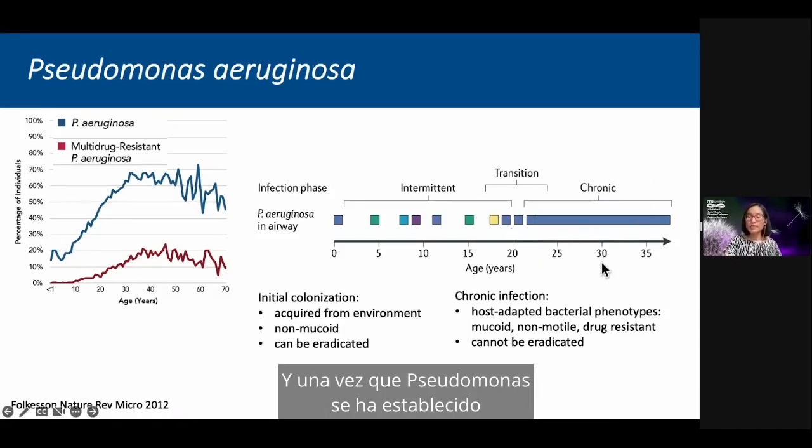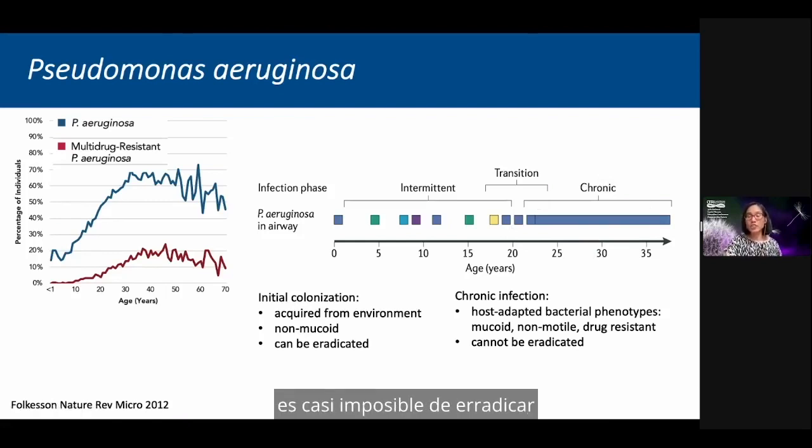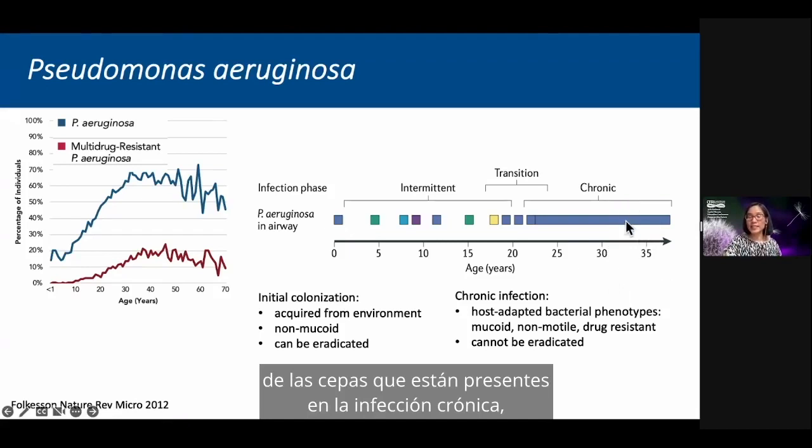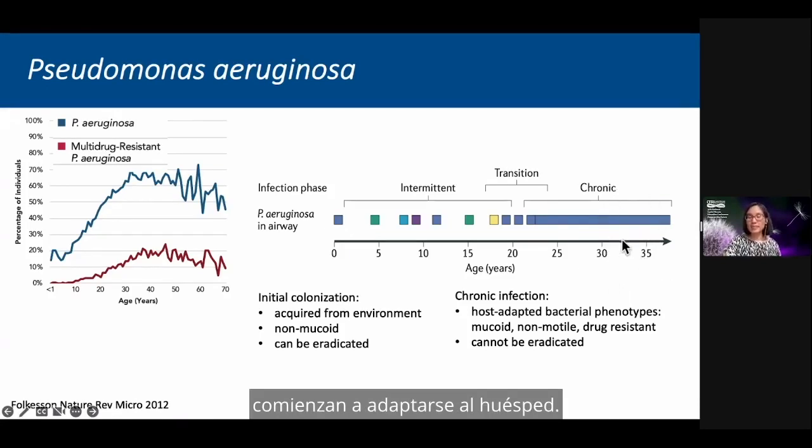And once the Pseudomonas has established itself as a chronic infection, it is pretty much impossible to eradicate with antimicrobial therapy. And what we see in terms of the features of the strains that are present in chronic infection is that they start adapting to the host.